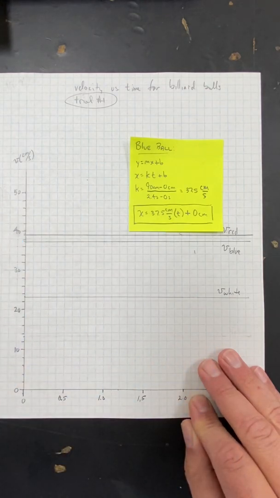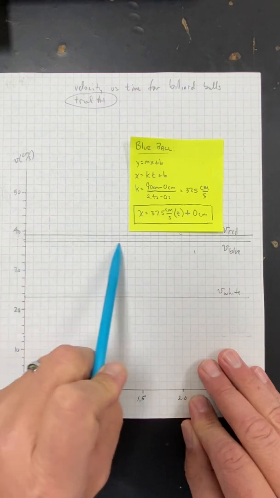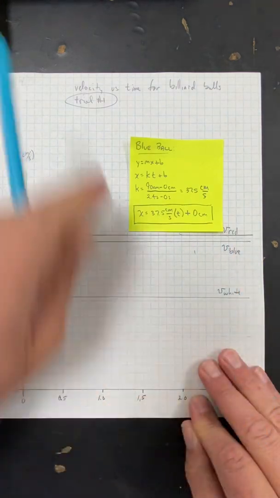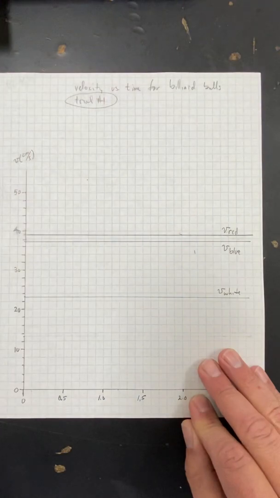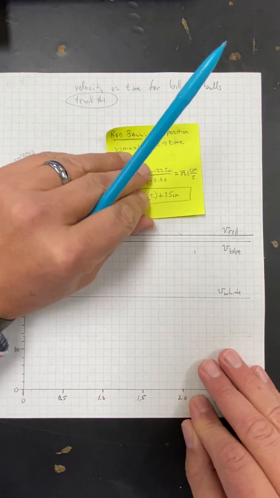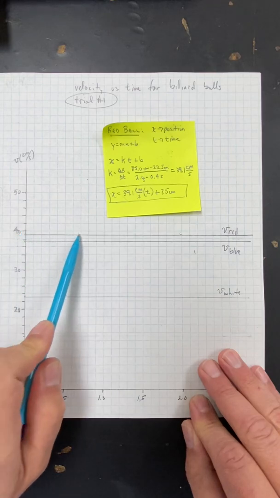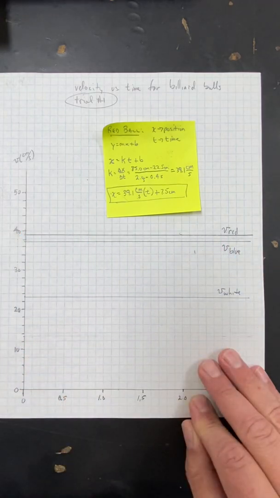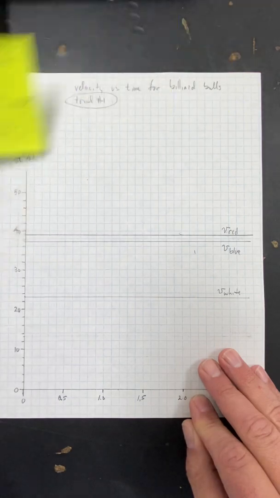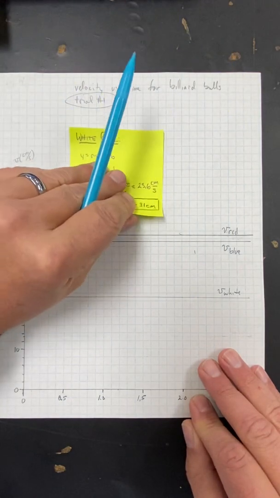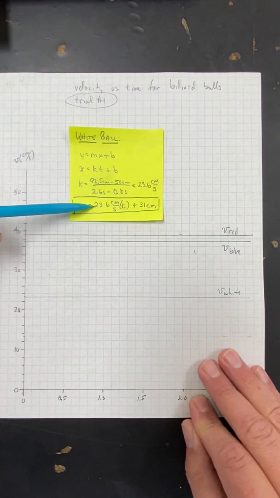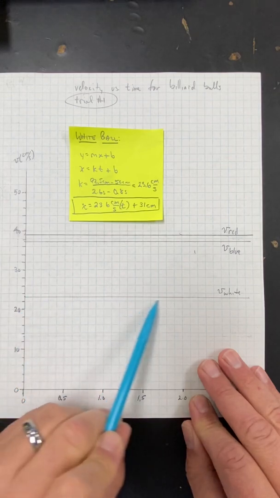So 37.5 centimeters per second steadily for the entire time. The red ball had a steady velocity of 39.1 centimeters per second. Didn't change. The white ball had a steady velocity of 23.6 centimeters per second.